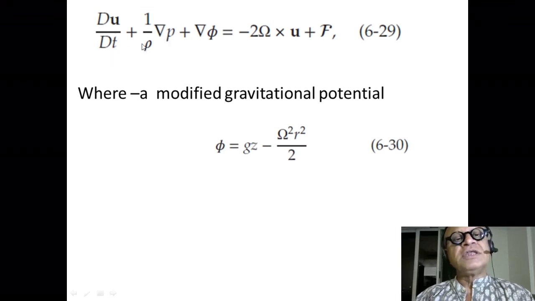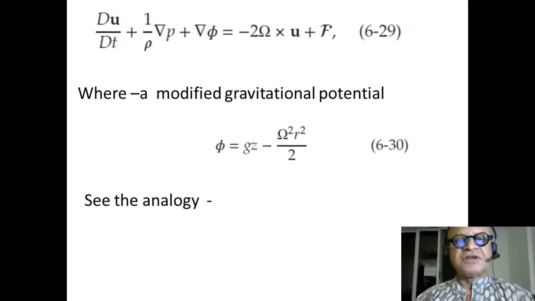Okay, so du dt plus 1 over rho grad p plus grad phi equals minus 2 omega cross u plus F. So two things changed. This looks a little different than the non-rotational framework we had done before, and this additional term, which is the rotational effect, has been added. Very simple, very straightforward.